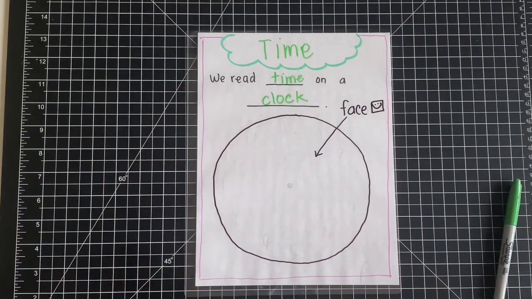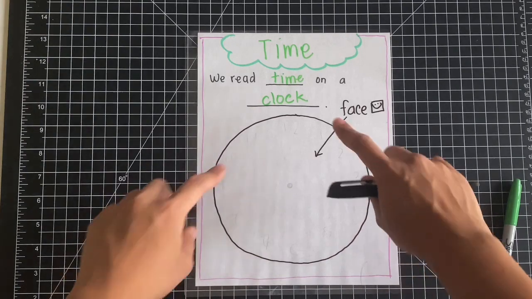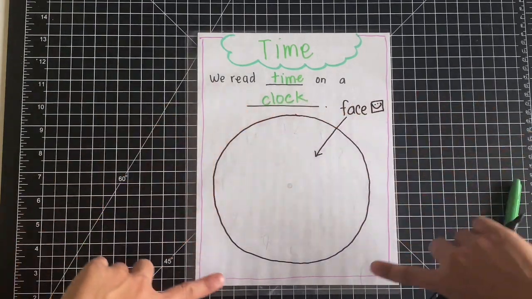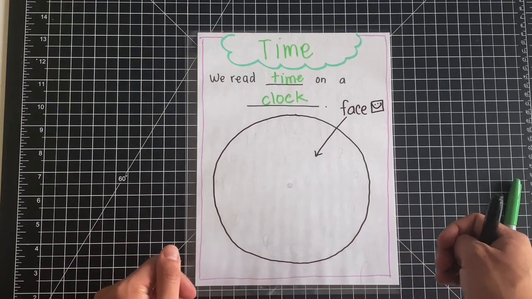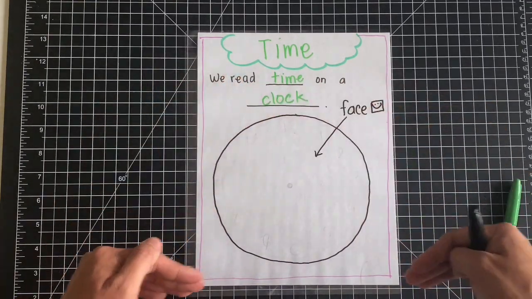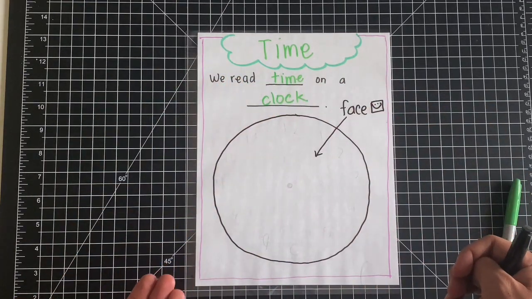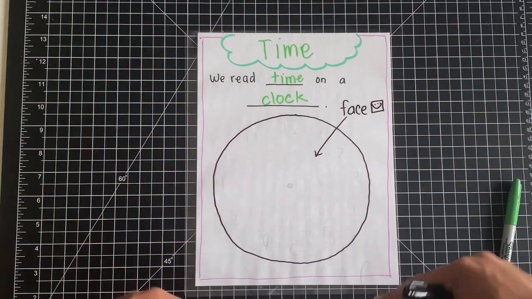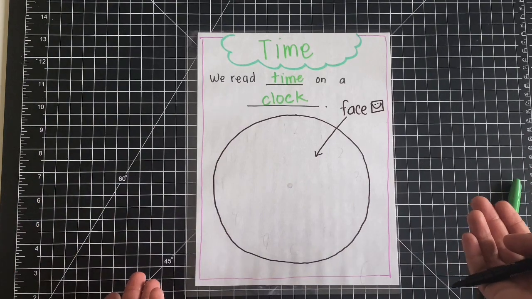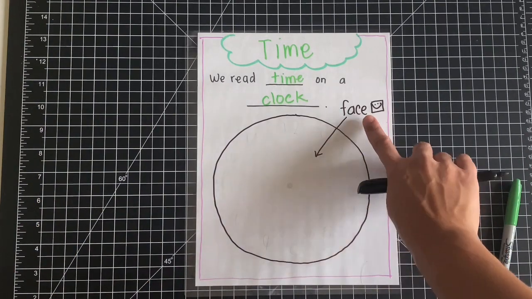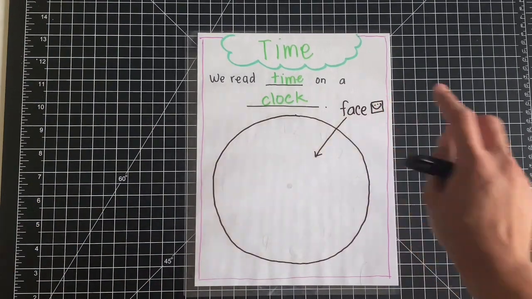Just like on a 3D shape, your clock has a face, and the face is the shape of the clock. So this clock has a circle face. Some clocks have a square face. Some clocks have an oval face. The face of a clock can be any shape. All right, so the first part of a clock is called the face.